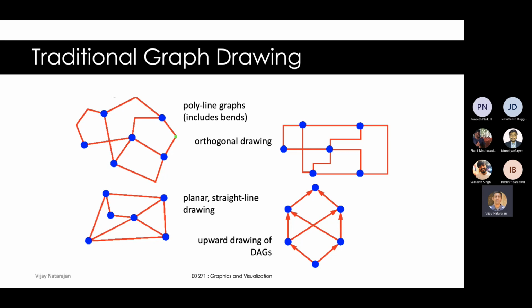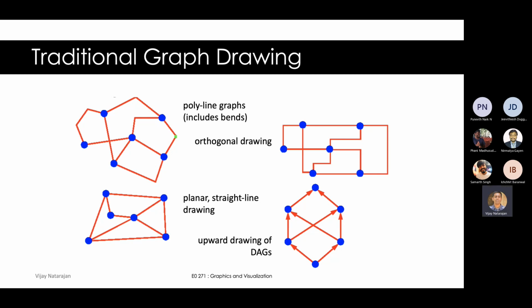Because if you use straight lines, there will be a lot of crossings, and crossings make it difficult to interpret the graph. It also leads to a lot of clutter. So that's why you need polylines or curves. One additional criterion people try to bring in is to use only horizontal or vertical line segments, like the one you see on the top right. This is called an orthogonal drawing.